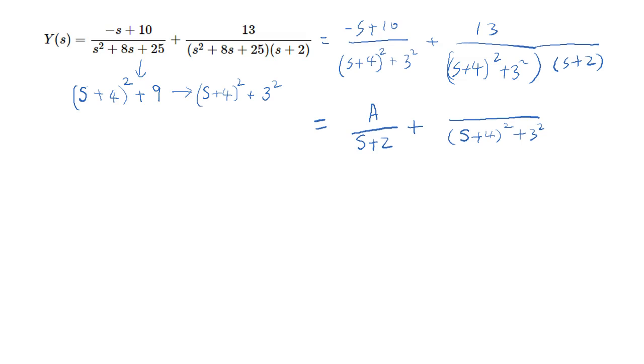Maybe I should write in red just to stress this. See, if you have s+4 here, the partial fraction decomposition should be written as b times (s+4). And then when you see this 3 here, you should write it as 3 times c. This is very important.